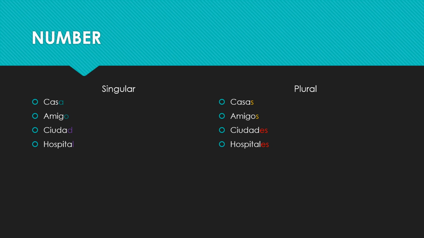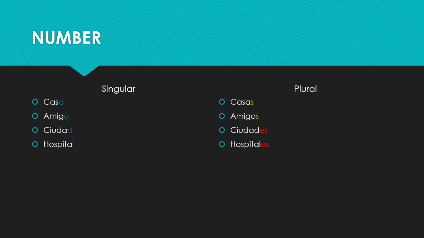So in Spanish, how do we make a word go from singular to plural? We have a couple rules that you'll have to memorize. So first of all, if a word ends in a vowel, like in our case, casa and amigo, see how the last letter is a vowel? You will need to simply add an S to the end of the word. So casa becomes casas, amigo becomes amigos.